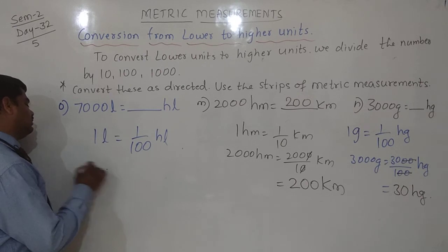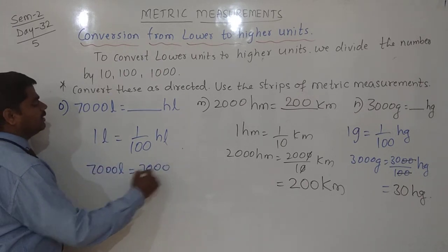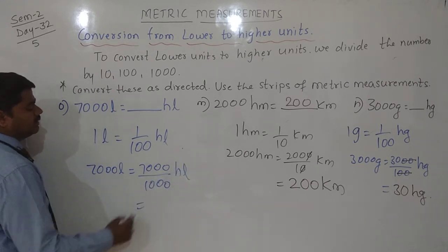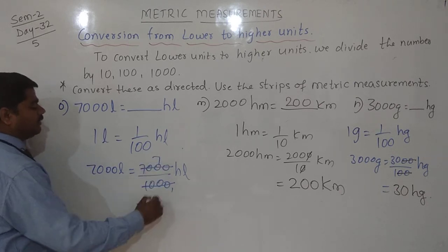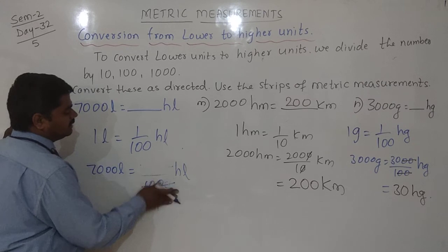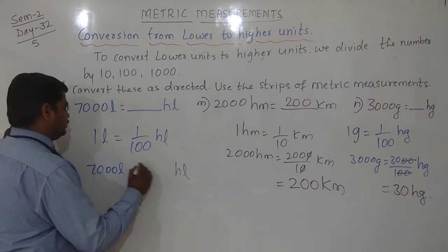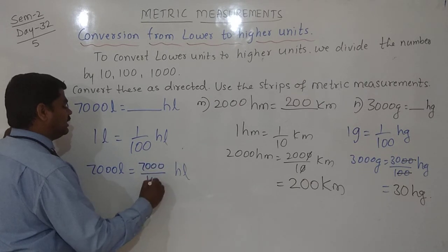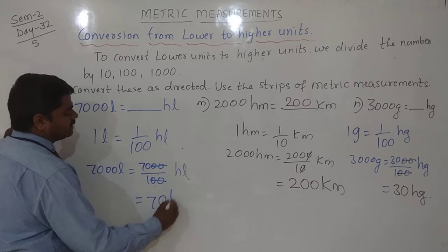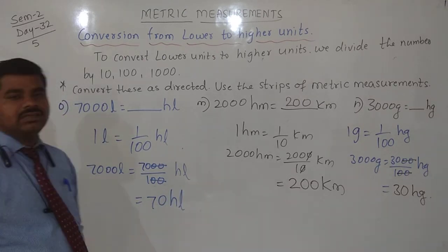Then 7,000 liters is equal to 7,000 by 100 hectoliter. Sorry, you have to divide by 100 only, not by 1000. 7,000 by 100. These two zeros, these two. 70 by 1 is 70. Then 70 hectoliter is the answer.